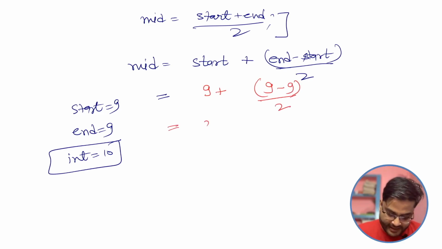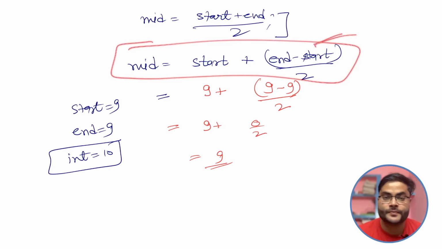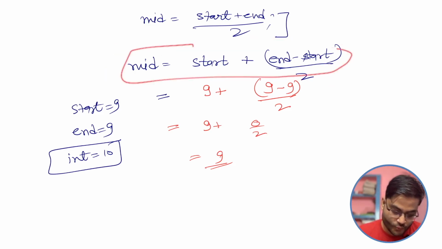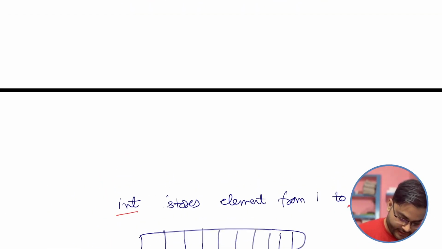It will be nothing but 9 plus 0 by 2, which will be 9 only. So this will not give us an overflow error, right? So that is a better way to write mid. It will never overflow.